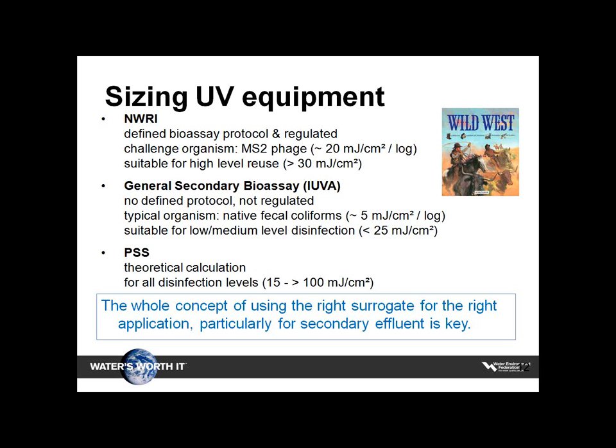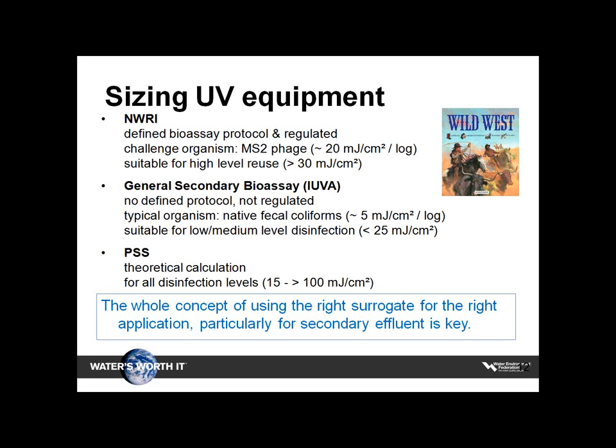The one that I want to drill into is the one that IUVA is promoting, and that's generally a secondary bioassay. Essentially, there's a process going forward looking at different organisms and applying what they call a surrogate value. Under NWRI, we use an MS2 phage as the surrogate.